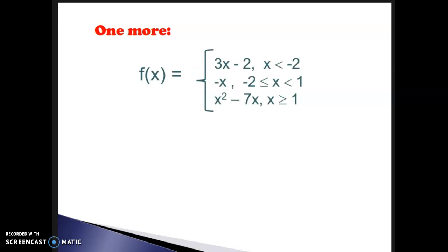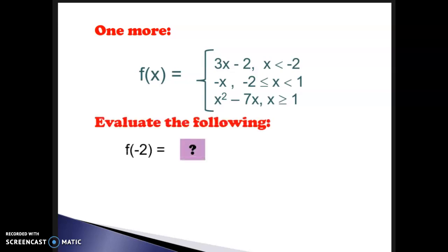Here's another function. We've got f of x is equal to 3x minus 2 when x is less than negative 2. We have f of x equals negative x when x is between negative 2 and 1, and x squared minus 7x when x is greater than or equal to 1. We're going to evaluate f of negative 2. Think about where that would fall. Look at those restrictions and find out which function you would use.